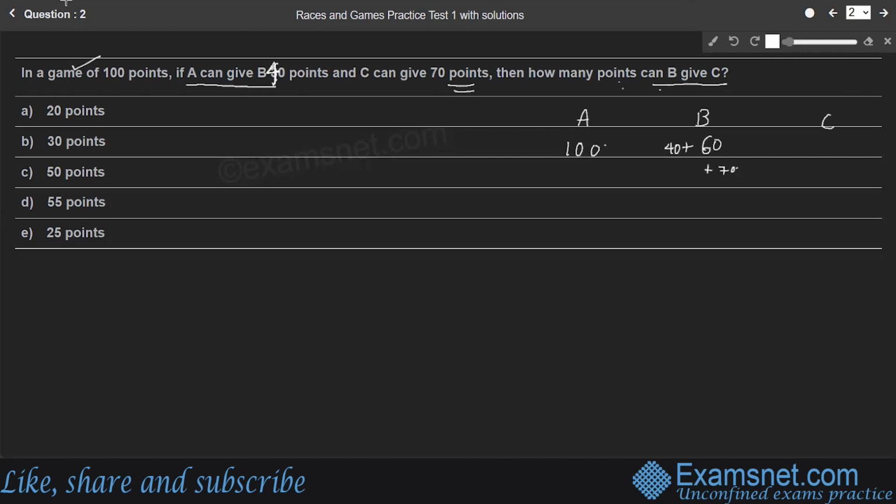For that, here we'll consider the number of points A has as 100, and the number of points given to B as x1.